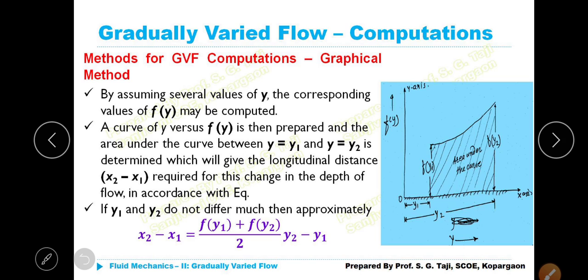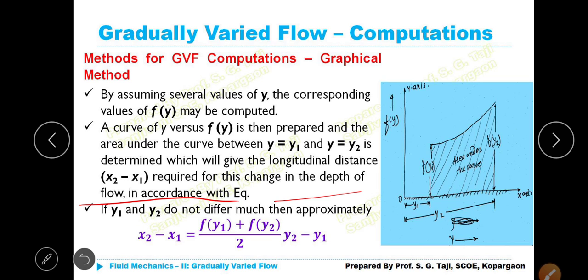A curve of y versus f of y is then prepared, and the area under the curve between y is equal to y1 and y is equal to y2 is determined, which will give the longitudinal distance x2 minus x1 required for this change in the depth of flow in accordance with the equation.